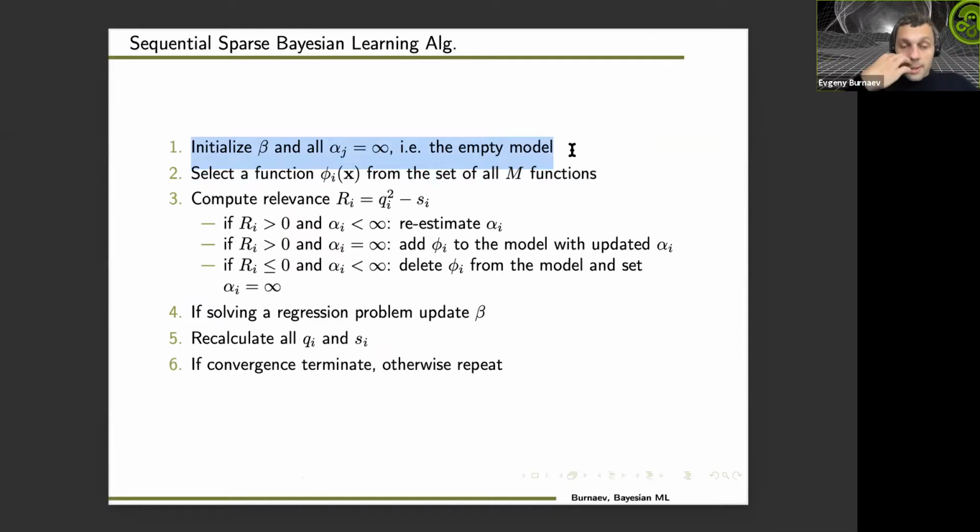But actually, I can start from the opposite case, where all basis functions are inside the model. As I already explained, of course, this algorithm doesn't guarantee the global optimum, and so with different initializations, it can converge to different solutions.